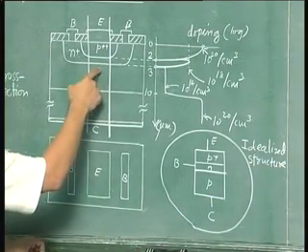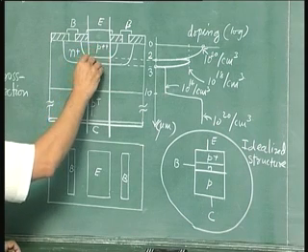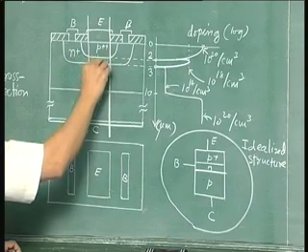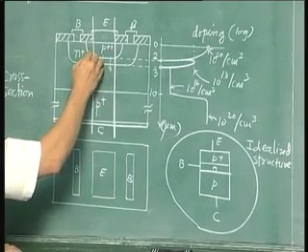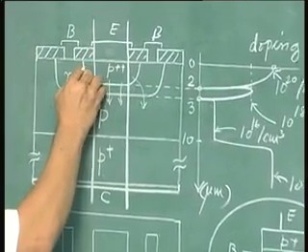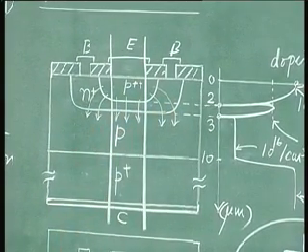Now in the real transistor, the current flows from the emitter to collector. So that flow we can show as something like this. But you can see that you also have flow on the sides. So really the current flow is two-dimensional in the real transistor.